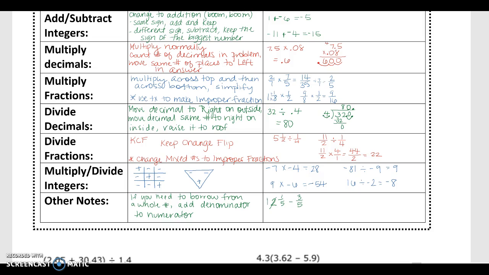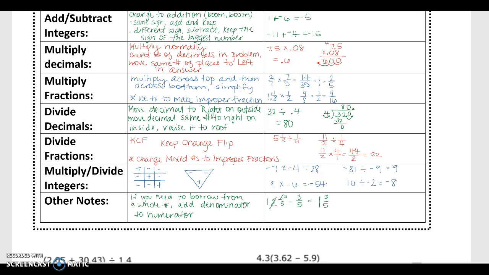So now I have 1. I'm going to add my denominator to my numerator. So 5 plus 1 is 6. So now 1 minus 0 as a whole number is 1. And then 6 minus 3 is 3 over 5. Okay, so that's how you borrow from a whole number if you need to.